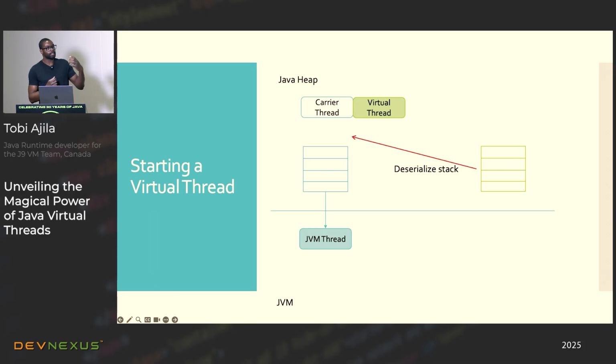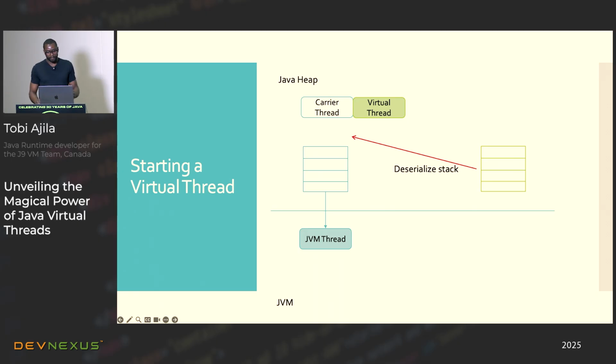The carrier thread is a regular Java thread, so it has its own state as well. So what we need to do is pause the carrier thread and then take the state associated with the virtual thread and put it on the native structure that holds the carrier thread state.